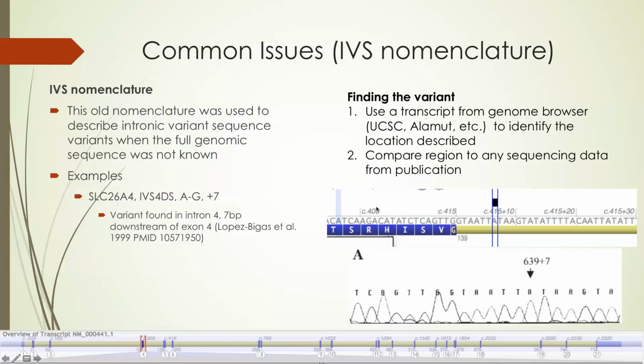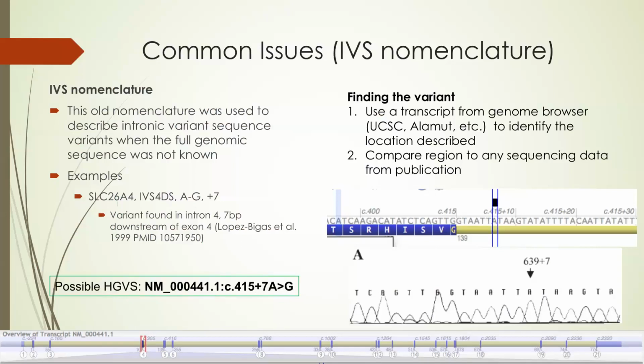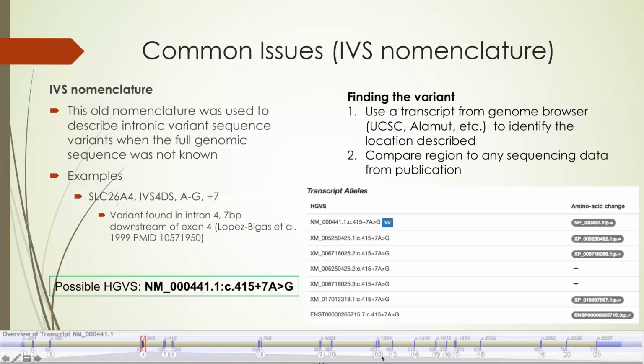And we can say, okay, this is the transcript that is called in Alamut. Sorry, I should have included this right here. But we can say, okay, so we have a +7 A to G site at this c.415+7 in this transcript. And we can enter that into the ClinGen allele registry and maybe see if that other transcript that the paper used corresponds to this variant, to assure us that this is the same variant.